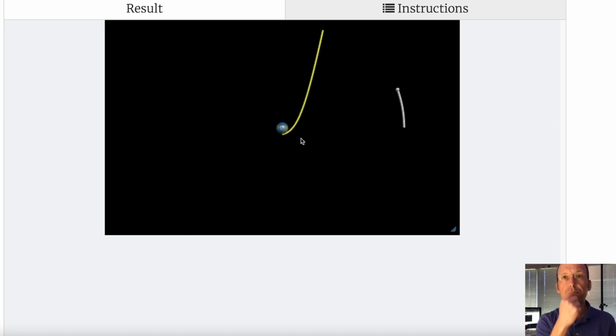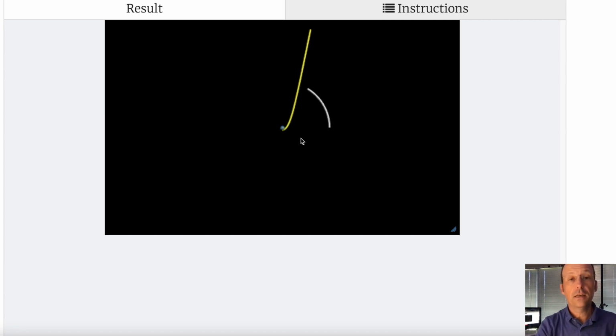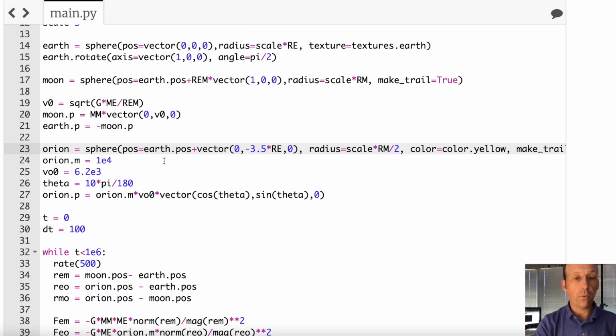Okay, so it missed the moon, right? And so now it just escaped. So it's going actually too fast. So let's go with 3.1 for the distance. And I actually want to angle it below the x-axis.